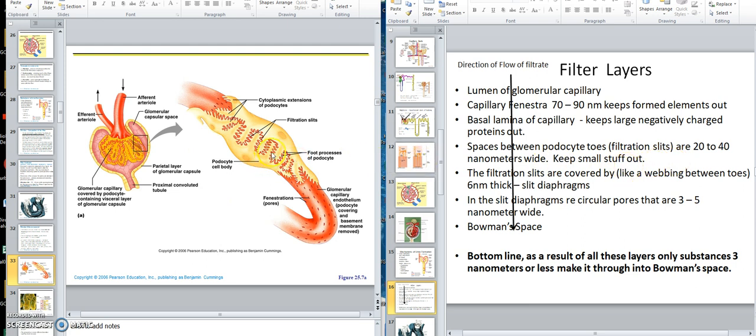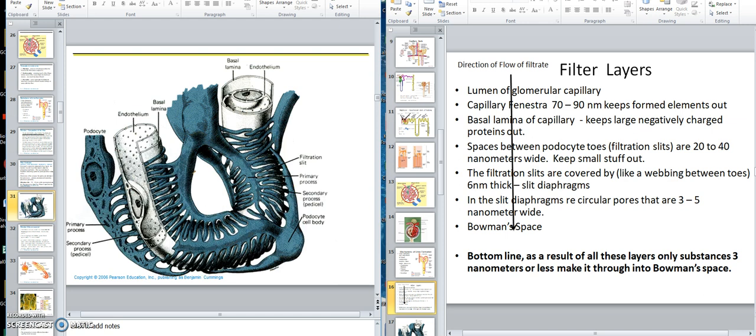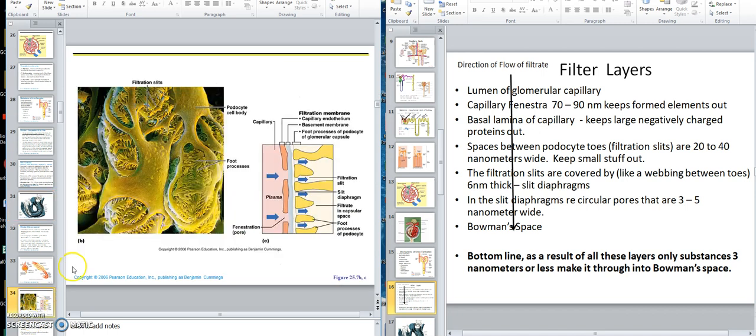Now, these filtration slits are actually covered by something we call a slit membrane, or also called a slit diaphragm, right between the fingers.